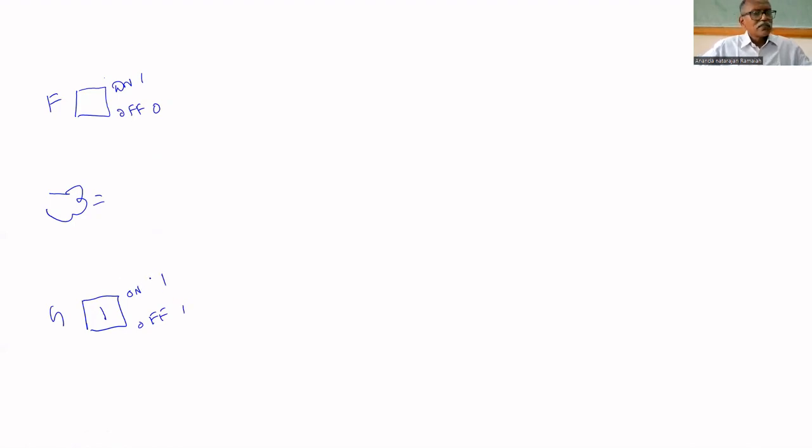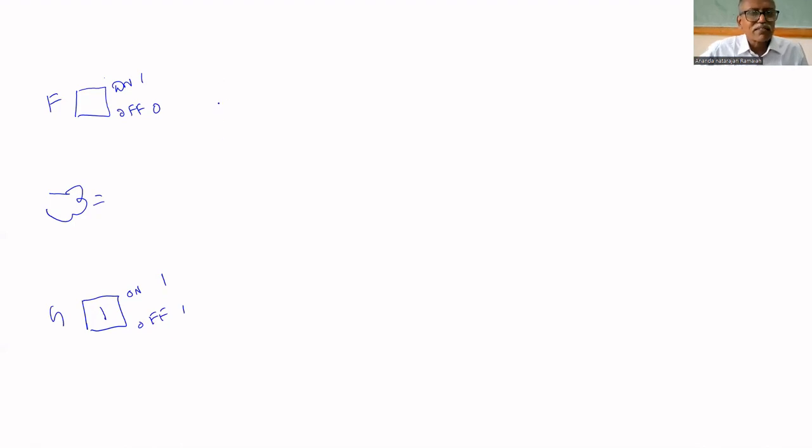Am I correct or not? Here it is in the off state, here it is in the on state, that's why the lamp is glowing. If you come here also and put it in the on state, the lamp will be turned off. The staircase switch will be like that. Here it is turned on, there it is off. There also if you turn on, it is turned off.